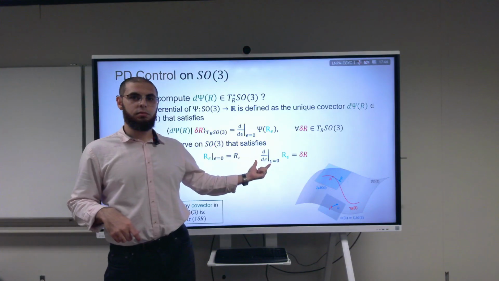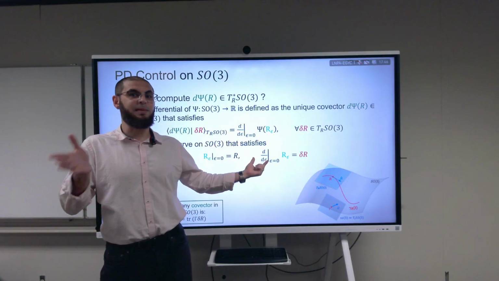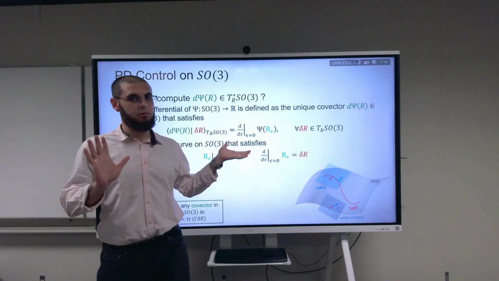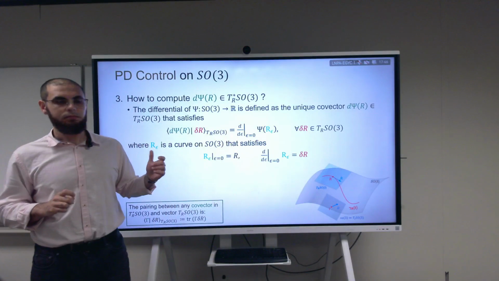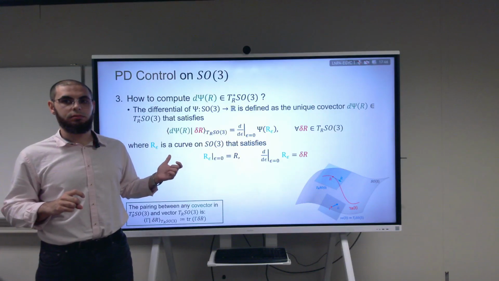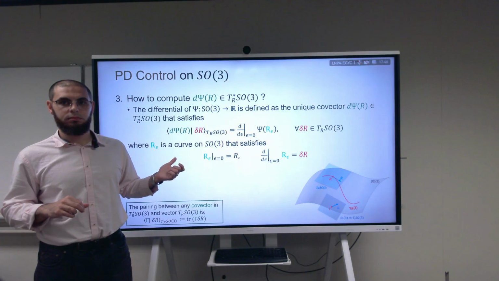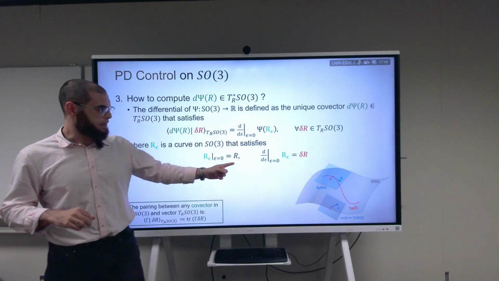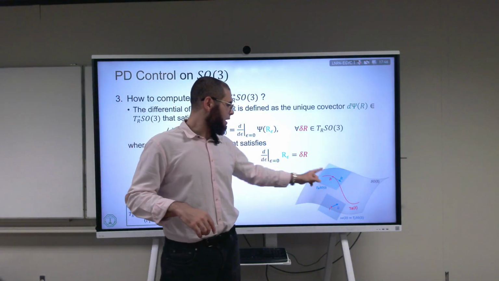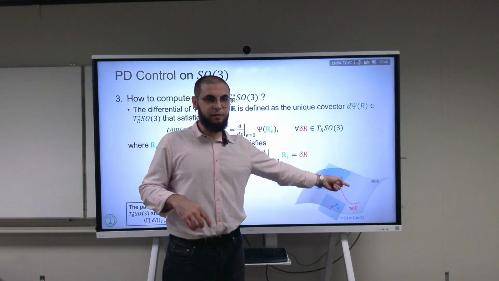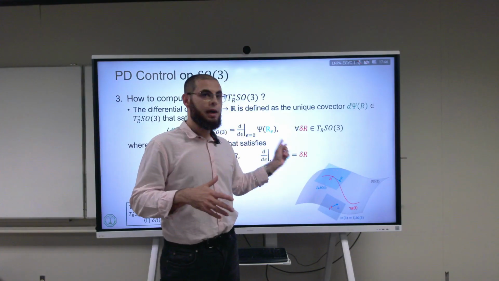Here, or the other way around, sorry, here we're differentiating with respect to epsilon. Okay. If it's all 0, what will happen? If the static point R is 0, it's a local minimum. R is a point on the manifold. Yeah. And delta R is the tangent vector to some curve at that point.